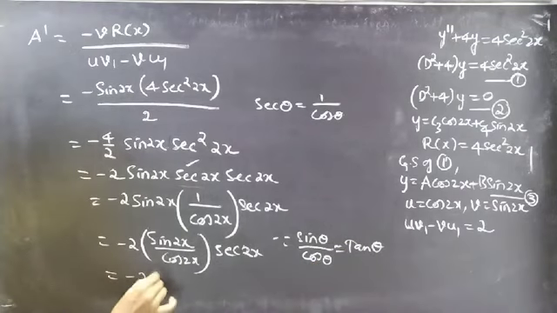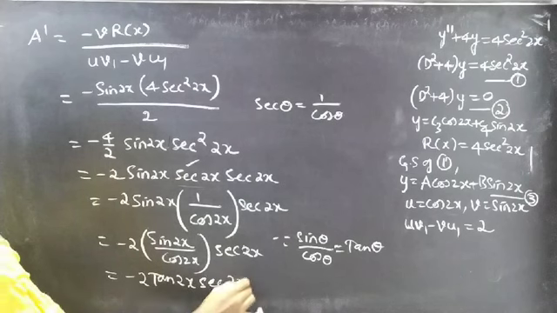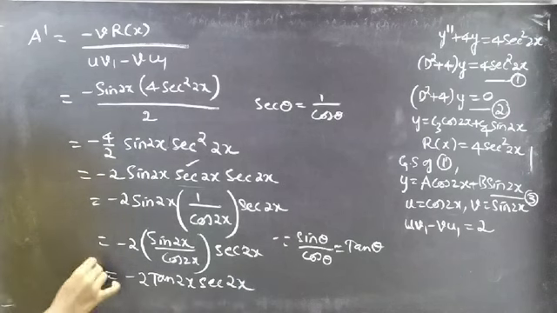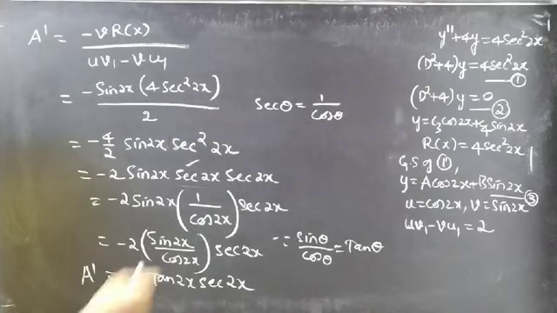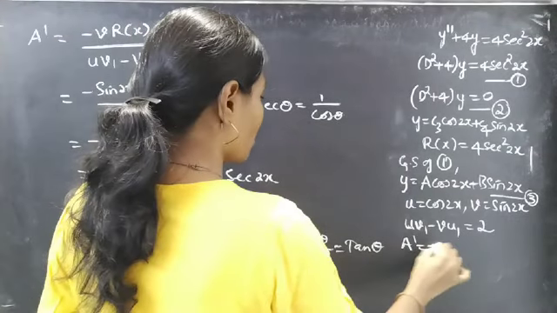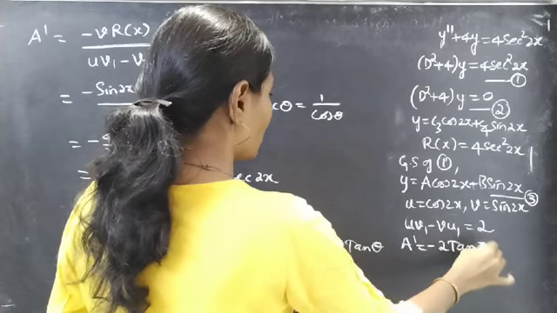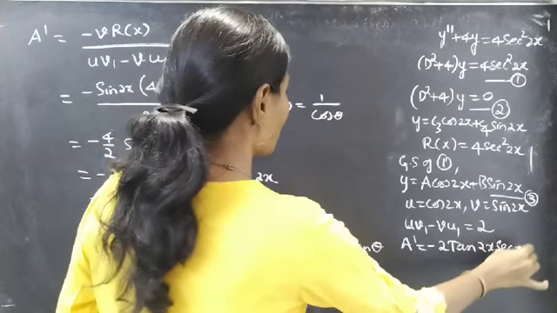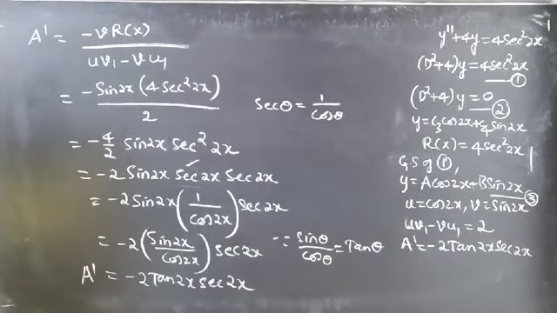This becomes minus 2 tan 2x into secant 2x. So a dash equals minus 2 tan 2x into secant 2x, or secant 2x into tan 2x.